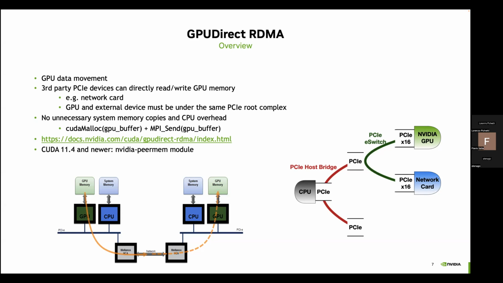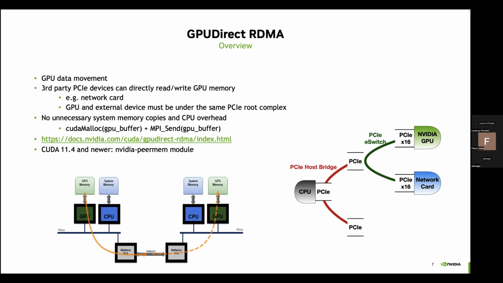So for example, you can program the network card to receive packets directly in GPU memory, bypassing system memory, avoiding additional CPU copies, staging copies, whatever. You can just directly receive packets in GPU memory. Or, of course, vice versa, you can instruct your network card to send data, fetching them directly from the GPU memory. So it's about GPU Direct RDMA, it's about moving data.